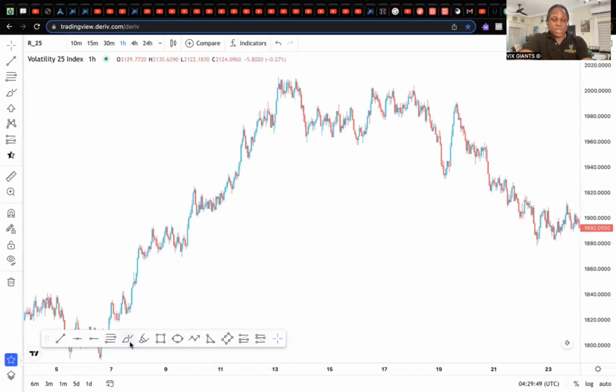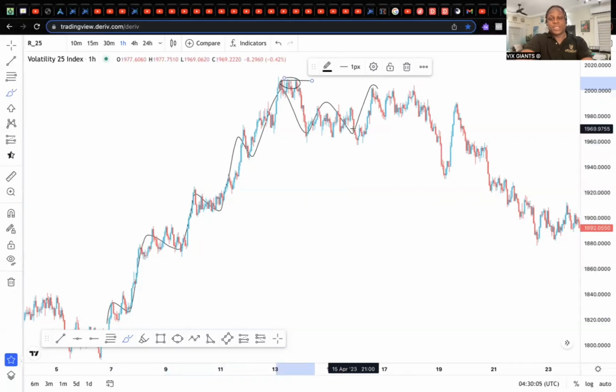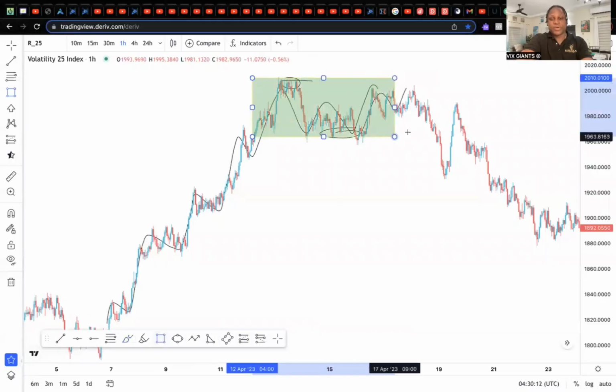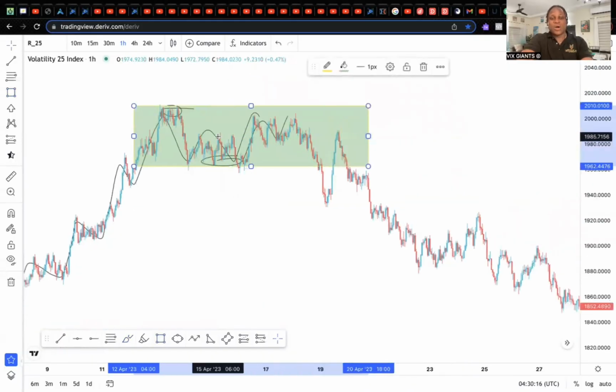So if we look at this example right here, the market was pretty much moving in an uptrend, creating higher highs and higher lows, right? Upon the market reaching up here, you notice that the market pretty much slowed down where we were ranging between resistance and support, bouncing. No definite trend was present at this point. If I get a rectangle and drop it right up here, notice that we weren't moving in either an uptrend or a downtrend, right?